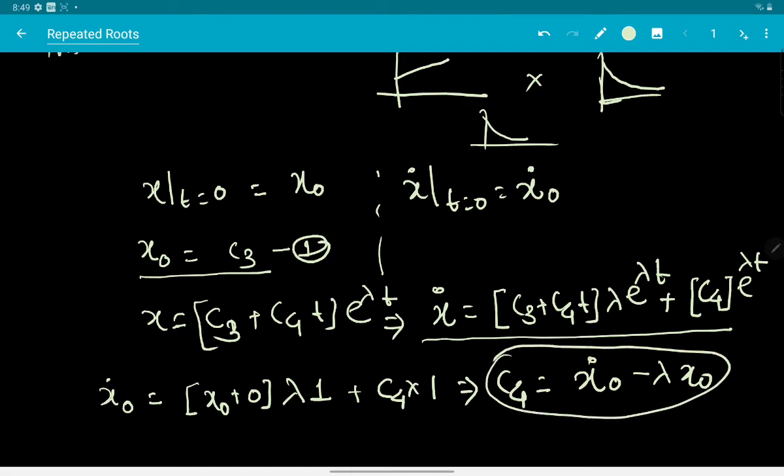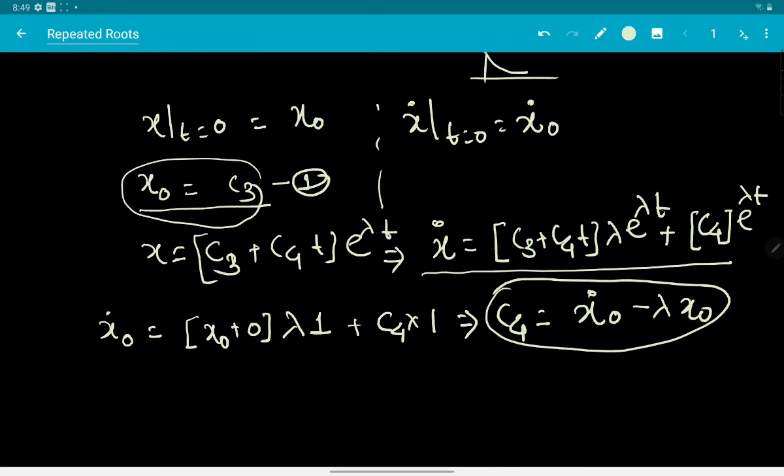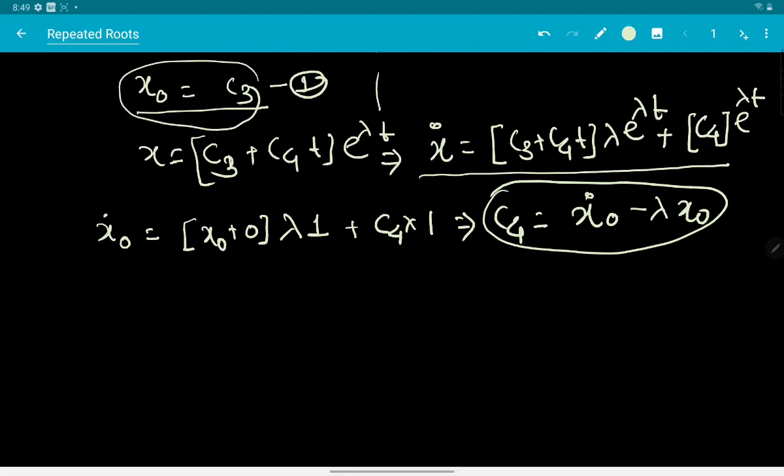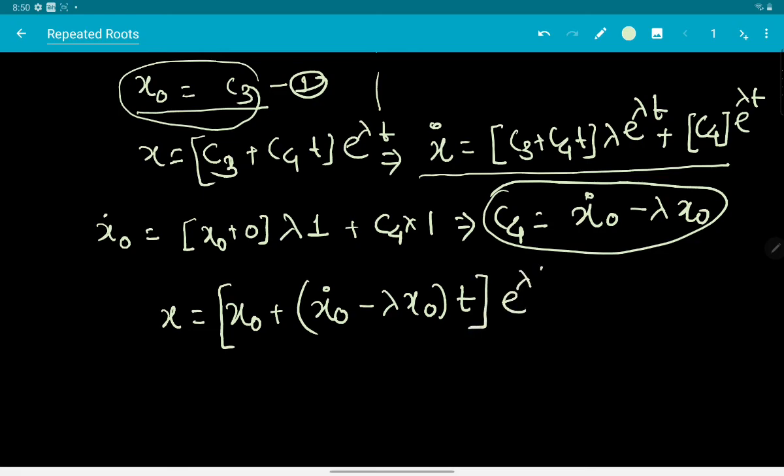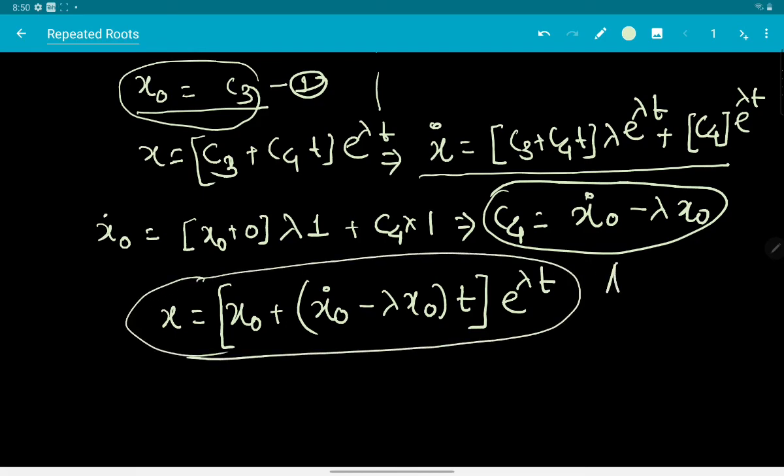This is the value of c4 and this is the value of c3. If I plug these values of c3 and c4 into the expression of x, I'll end up having x as x0 plus x dot 0 minus lambda x0 times t, the entire stuff multiplied by e raised to lambda t. So this is the expression of x in terms of initial conditions.